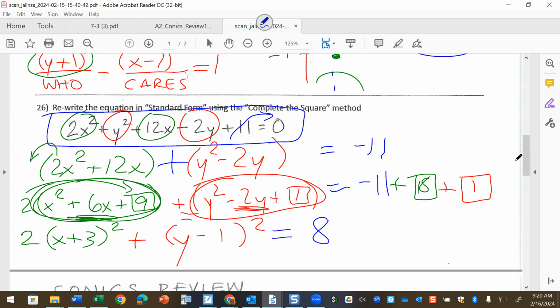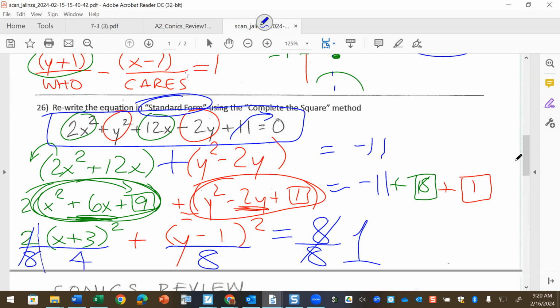Ellipses have to equal 1. So when I ask for standard form, I need it to equal 1. And I guess this would turn into what here? Yeah. So this is what I'm looking for in that problem.